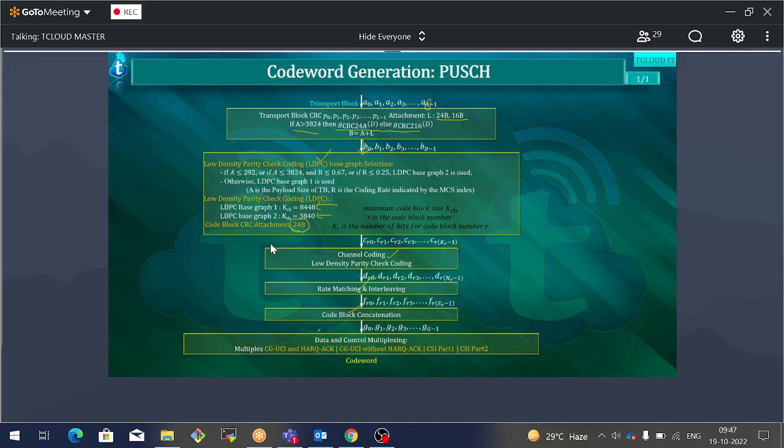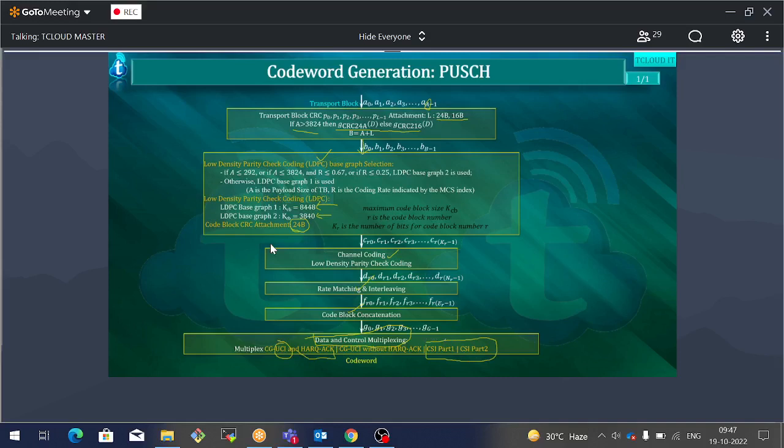At the end, we have this multiplexing part where you are multiplexing something called UCI, on the basis of the configuration. UCI stands for uplink control information. So you would be sending the uplink control information and HARQ acknowledgements and negative acknowledgements, basically HARQ ACKs, or CSI information.